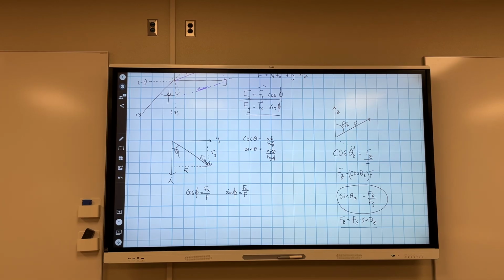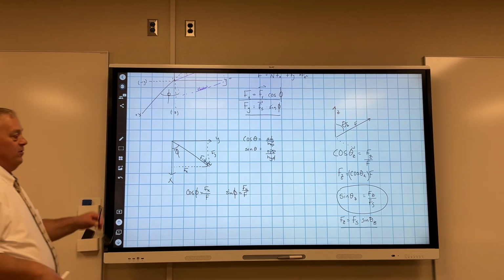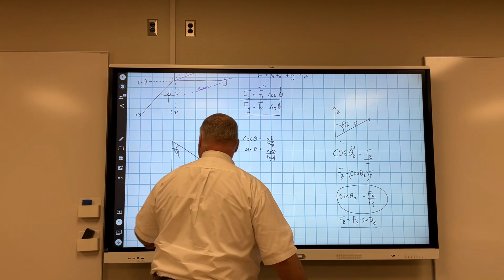Got three equations with three unknowns. What's the easiest way to do it? Solve one of the equations with respect to one of the unknowns and plug it in. Or we can do matrices. We're going to save the matrices. So we've got three equations and three unknowns.